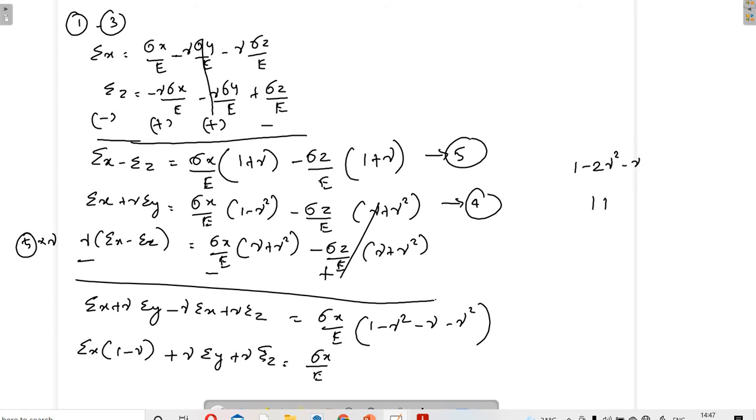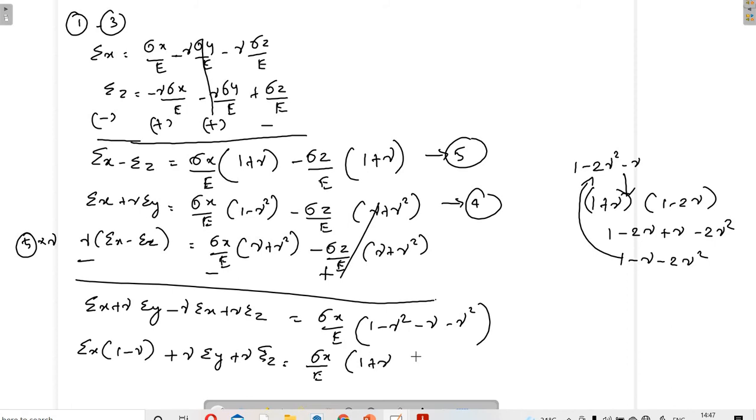So we can write it as 1 plus nu and 1 minus 2 nu. If you multiply inside, 1 minus 2 nu plus nu minus 2 nu square, you will get the same equation, 1 minus nu minus 2 nu square. So both are the same. So we can rewrite this equation with these terms: 1 plus nu, 1 minus 2 nu.